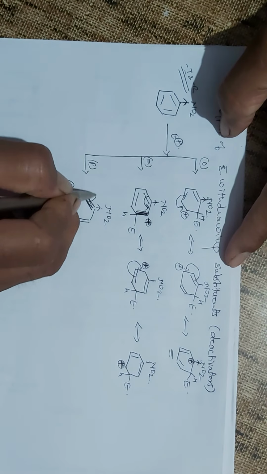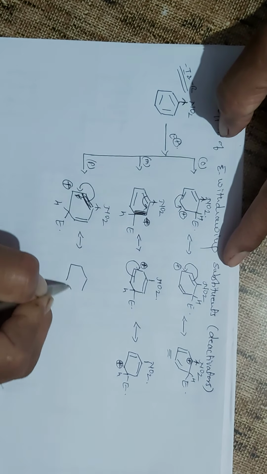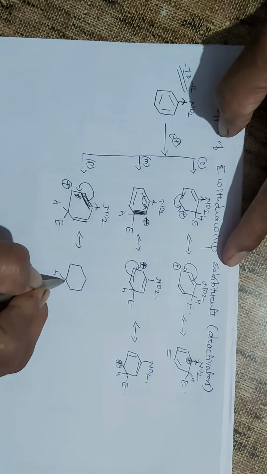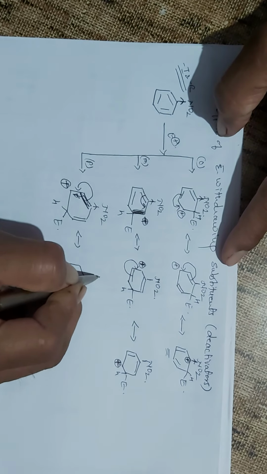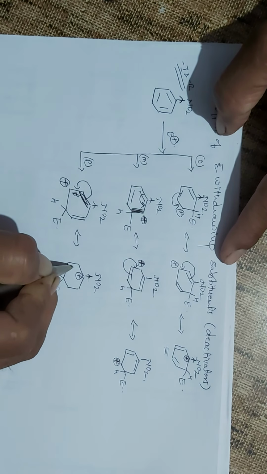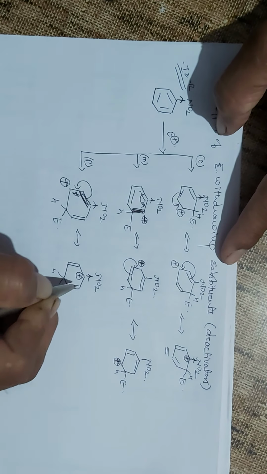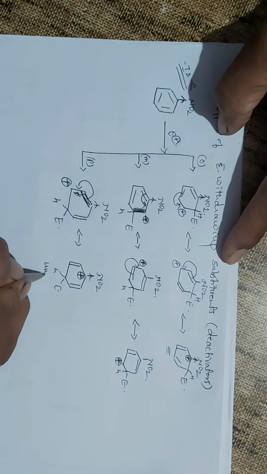Again here you will get the resonating structure, and here also we get a strongly destabilized structure, where the positive charge is on the carbon bearing the electron withdrawing substituent, and so this is the most unstable structure.